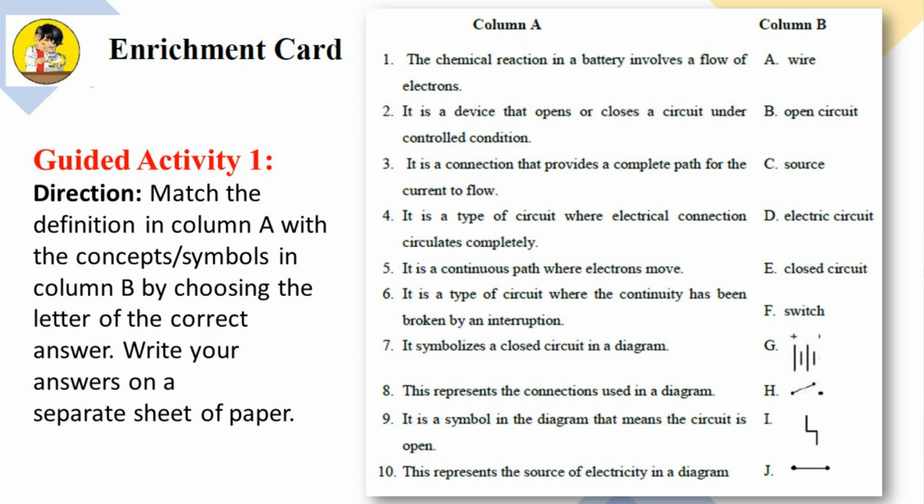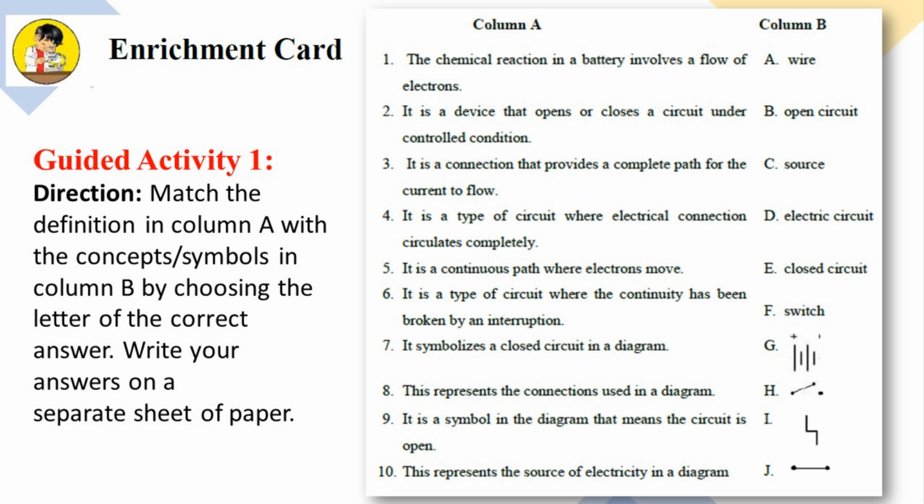Guided Activity 1. Direction: Match the definition in column A with the concepts or symbols in column B by choosing the letter of the correct answer. Write your answers on a separate sheet of paper. Column A. 1. The chemical reaction in a battery involves the flow of electrons. 2. It is a device that opens or closes the circuit under controlled condition. 3.